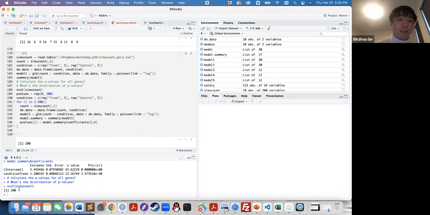So for each gene we want to calculate the p-value, and we will get 200 p-values. We want to use this vector to store the results, so we need a vector with length equal to 200. For the initial values, I just generate a vector of zeros and modify the values one by one by doing the regression. You can change this number to anything you like, it's all good.